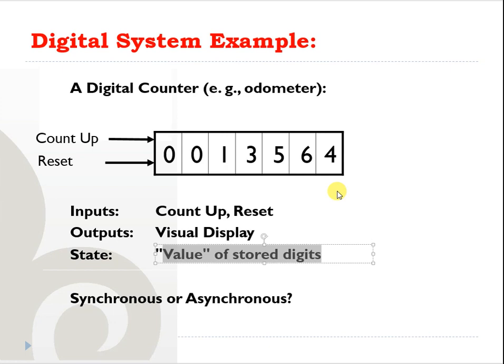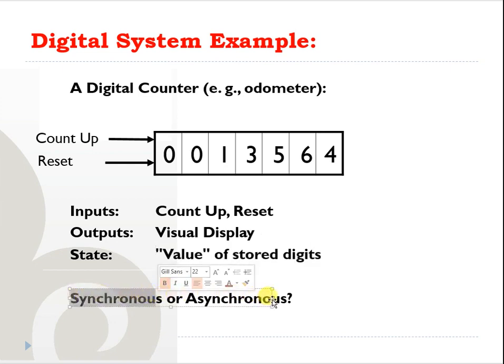It's not a combinational circuit. On the other hand, we know that there are two types of sequential circuits, the synchronous and asynchronous. If you remember the difference between these two from the previous slide, for the synchronous system, the changes will happen at some discrete values of time, and for the asynchronous system, the values could be updated at any time.